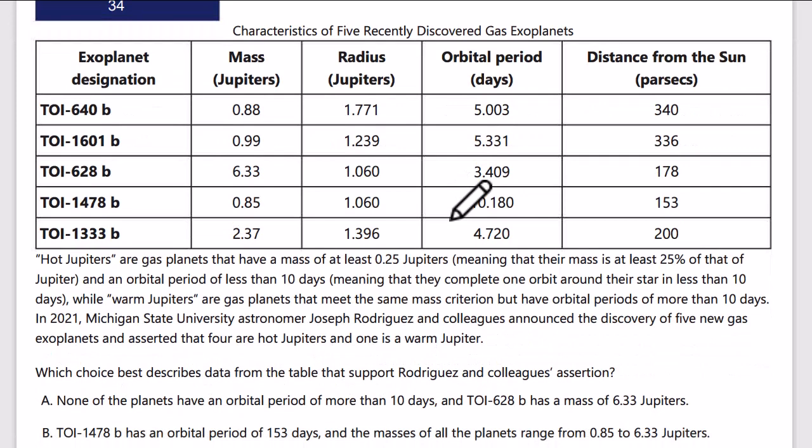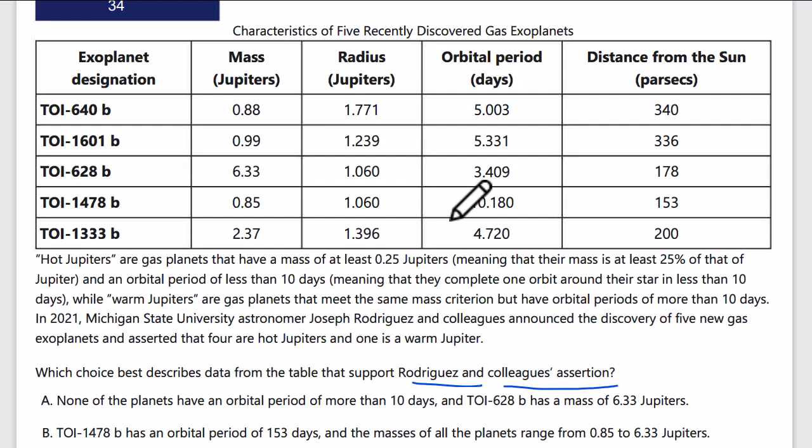Okay, which choice best describes data from the table that support Rodriguez and colleagues' assertions? So let's figure out what their assertion is, and we want data to support that. So I've got different exoplanets, and I've got a mass and a radius, an orbital period, and a distance from the sun. So, okay, so I've got various factors or attributes of the exoplanet and different exoplanets.